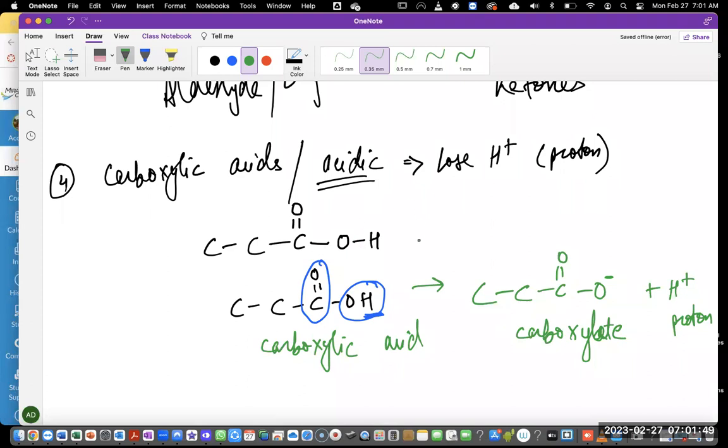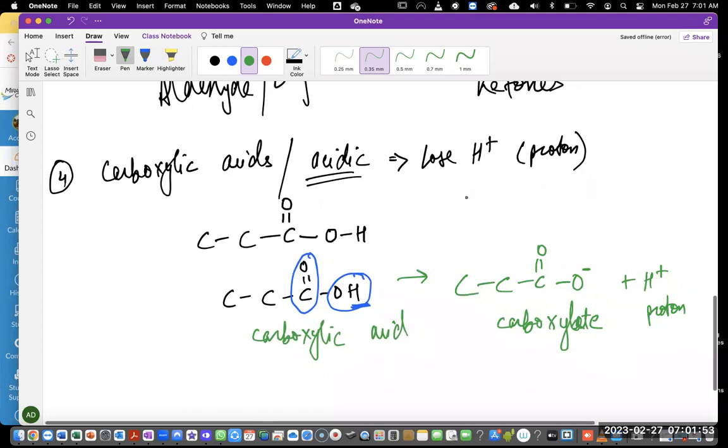You will notice one more thing, that there's another way to show a carboxylic acid. If I draw carbon again, sometimes the COOH is not shown explicitly like it's shown here, but is just written like this, COOH.